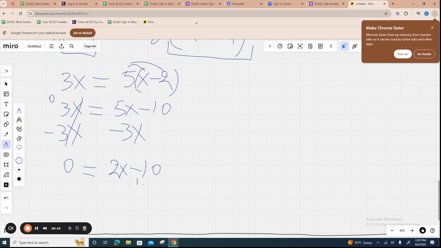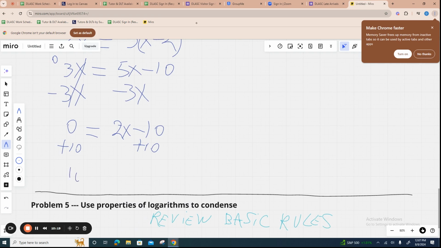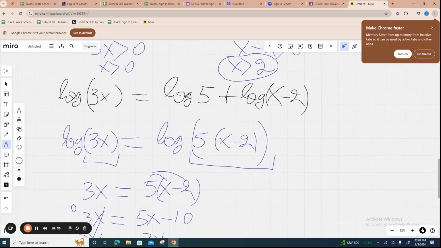Now I'm going to do plus 10. To get rid of that 10, I got to do it to each side. So 10 is 2x, right? x is going to be 5, but to show the steps, divide by 2 to get rid of this 2. 10 divided by 2. So x is 5. But we had a starting condition. We have to check this, okay?